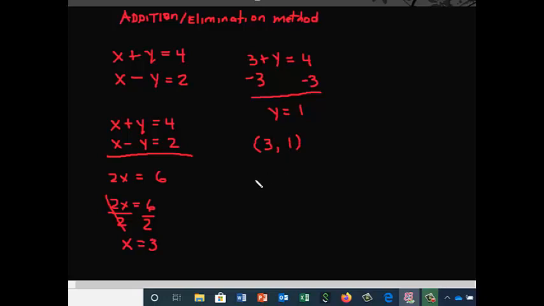This actually means that when you graph these two equations, the intersection is going to be at the point 3 and 1. So this is the addition method on how to solve the system, right? And we see that this is also still what? The system is consistent and the equations are independent.